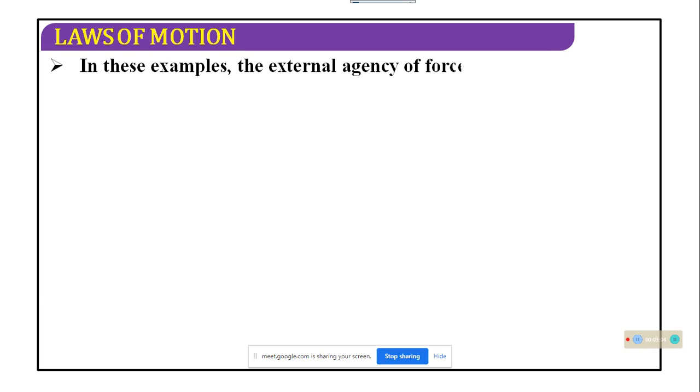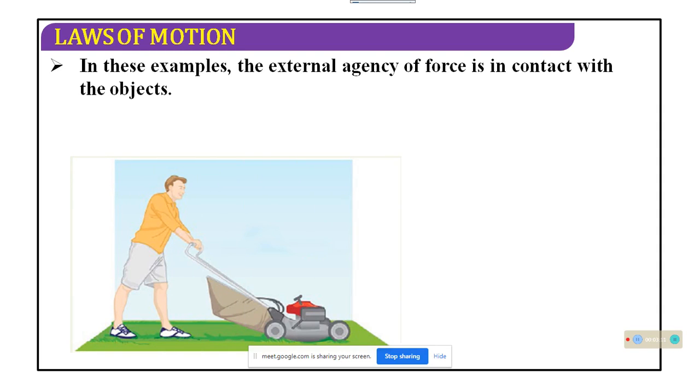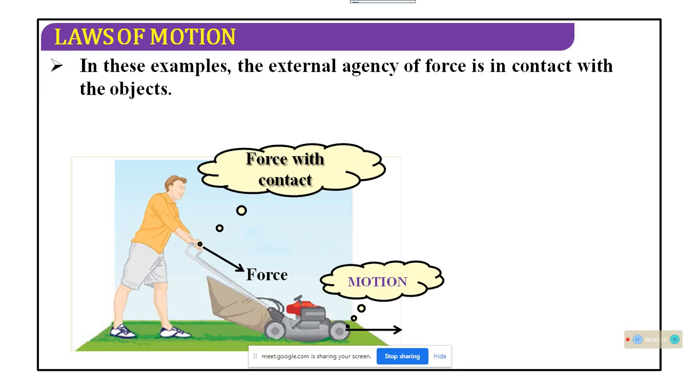In this example, the external agency of force is in contact with the object. The force is given like this and the motion happens in this direction.